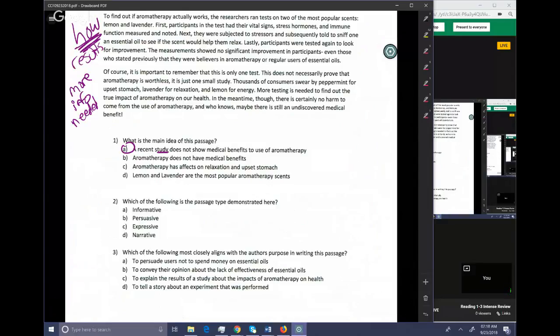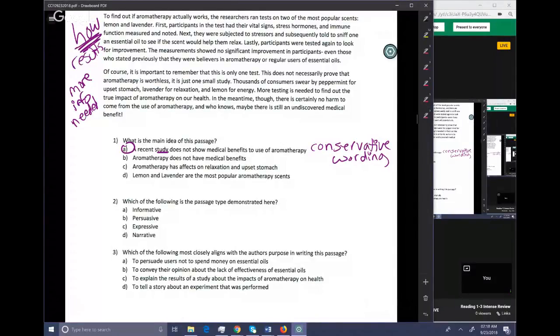So it doesn't say a recent study proves it's bad, and it doesn't say a recent study proves it doesn't help. So you want to be really careful with using conservative wording, because this particular author was careful with saying one study doesn't show a medical benefit. Doesn't say it proved against, just says doesn't show it. We didn't see a result.